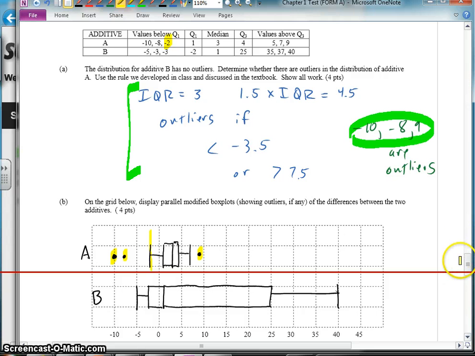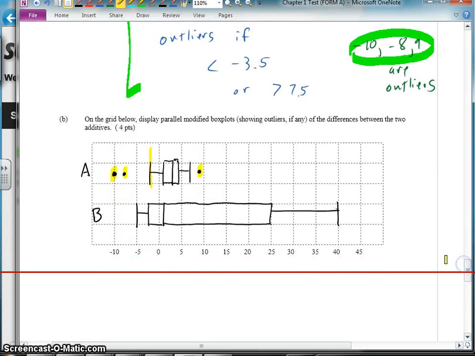Box plot B, or distribution B, didn't have any outliers, so we just made that a normal box plot. In order to get full credit, you had to distinguish between A and B. It's kind of a silly thing to lose a point on by not labeling which was A and which was B. Now we have the box plots, and now we have to answer some questions about the distributions.